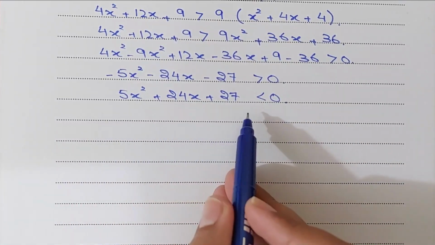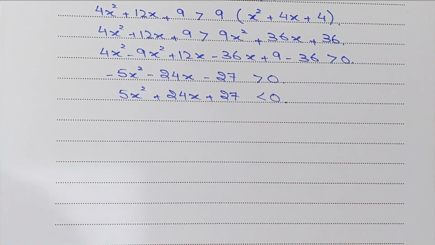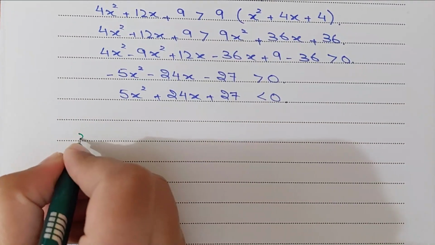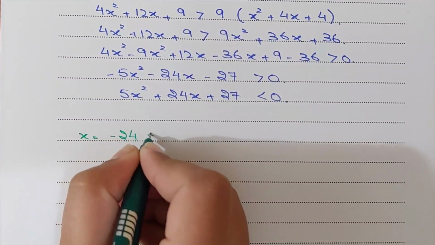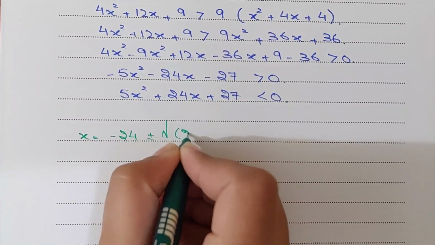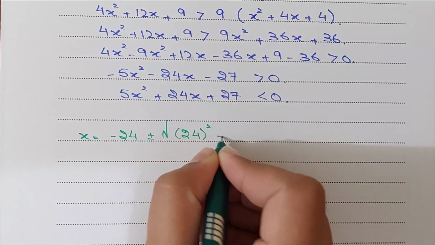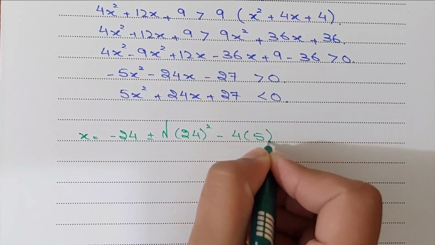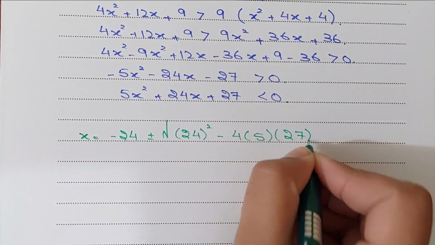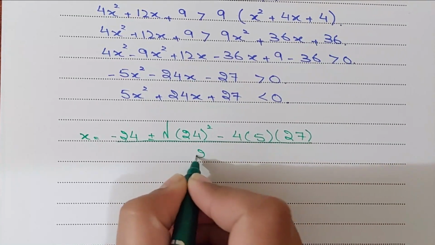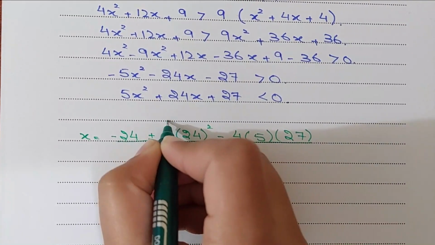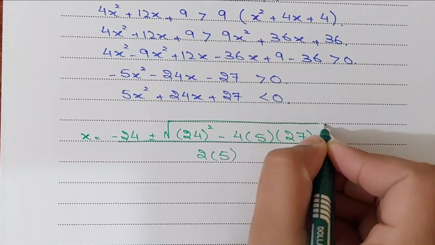Okay, so this is a quadratic equation. Let me solve this by using the quadratic formula. So x is equal to negative b, that is negative 24, plus minus the square root of 24 squared minus 4 times the a value, that is 5, and the c value, that is 27, divided by 2 times 5.